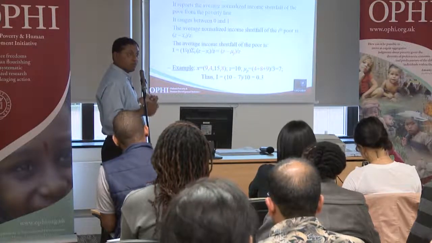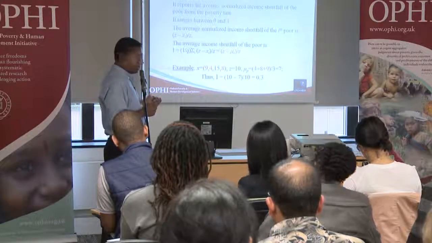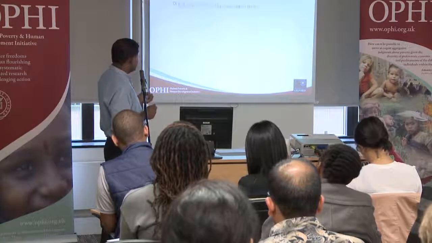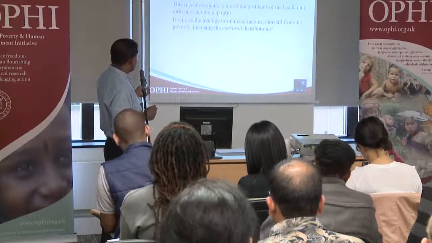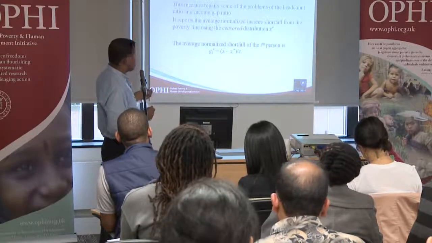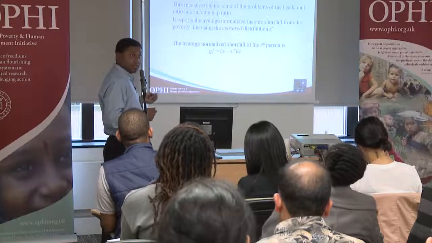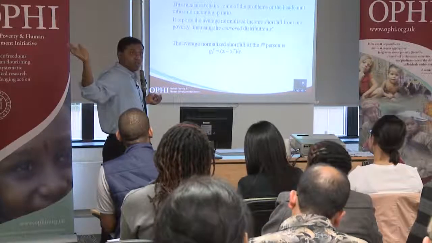When Sen proposed his first measure, he had the same problem of this sort. Anyway, this can be solved. It has actually been solved by reporting in terms of the censored distribution. Remember this? I introduced the censored distribution. In the censored distribution, you do not forget the incomes of the non-poor.